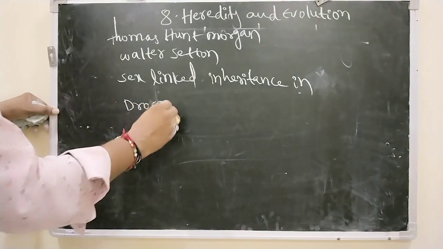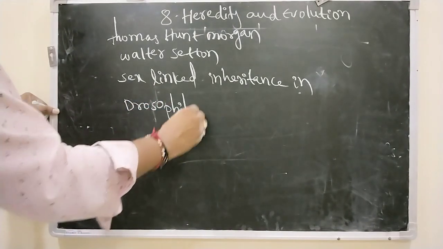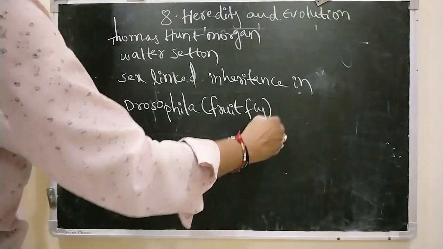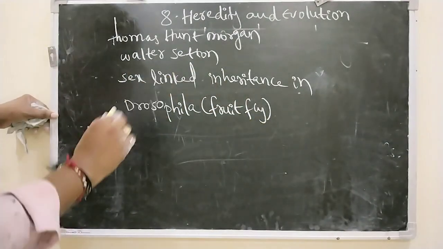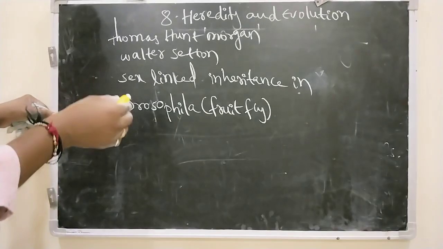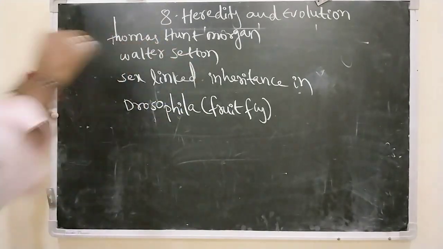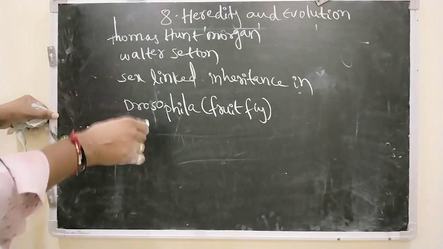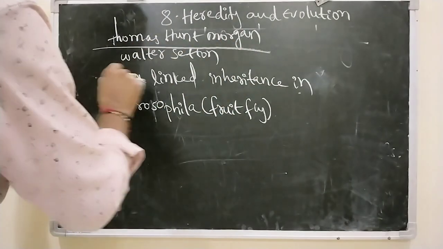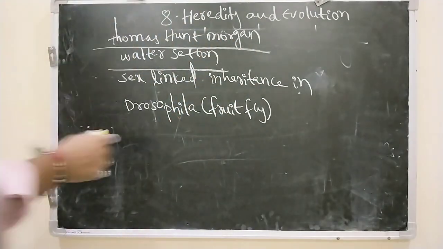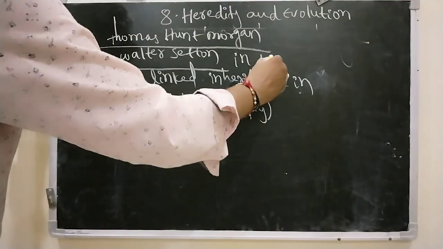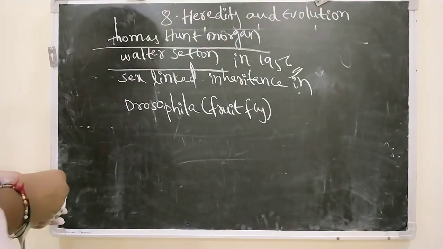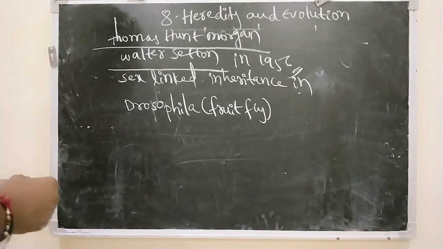It is a fruit fly. How is the inheritance passed to the next generation? It is through the sex chromosomes. That is what was discovered by Thomas Hunt Morgan and Walter Sutton. Okay, right. We will discuss another topic in the next class.